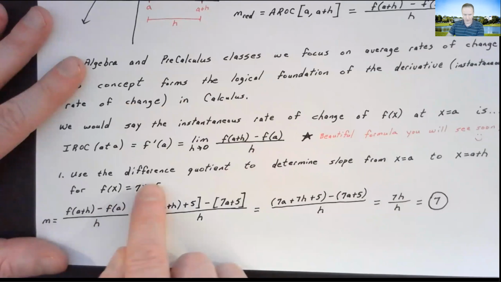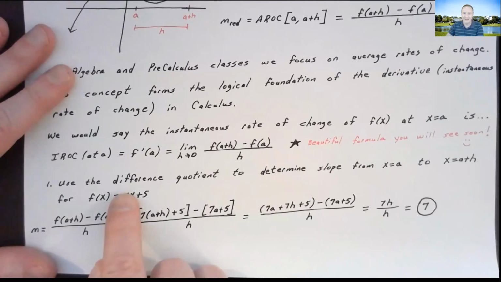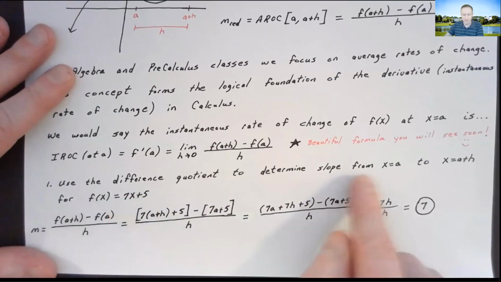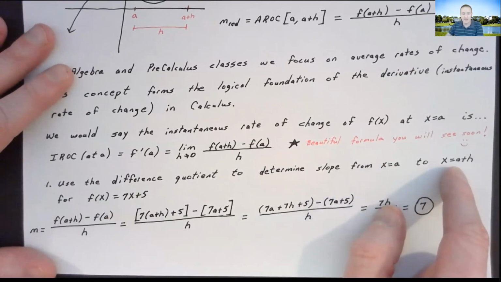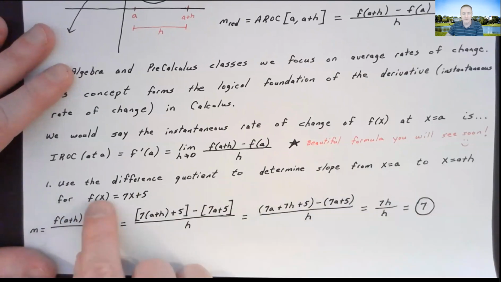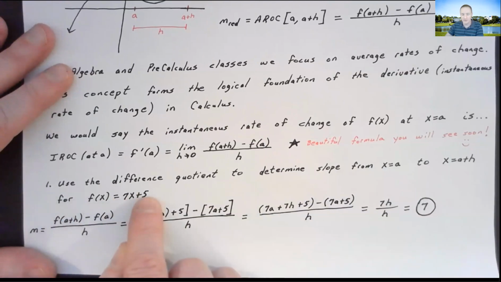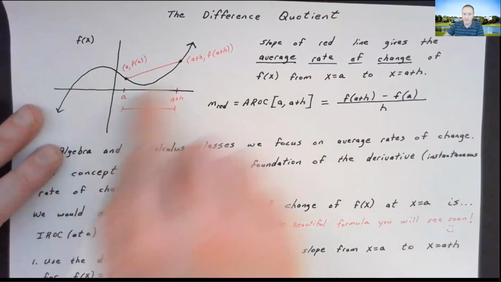So I can say, well, all right, I need to know what the slope from any value x equals a to any value x equals a plus h is for the function f of x equals 7x plus 5. Now, unlike this would be a cubic function up here.